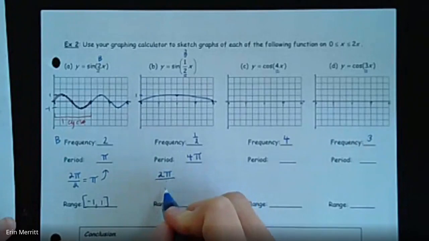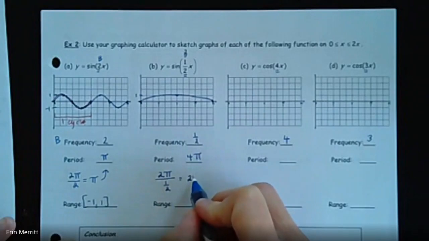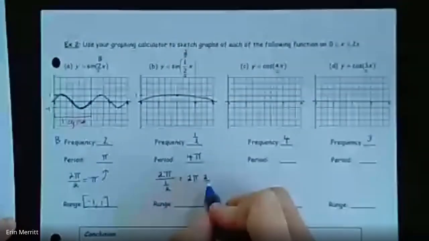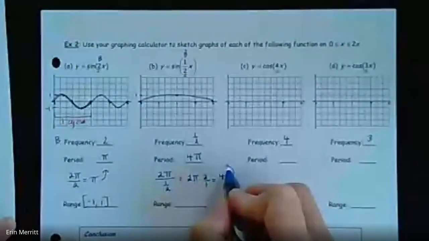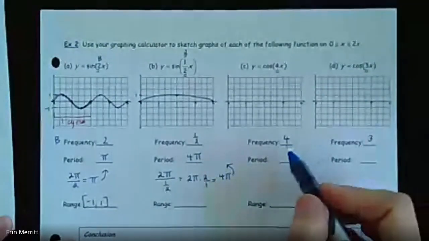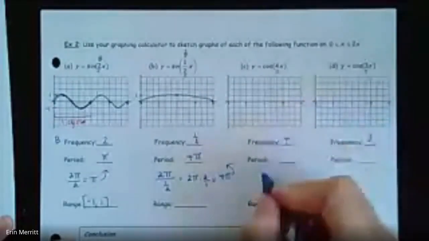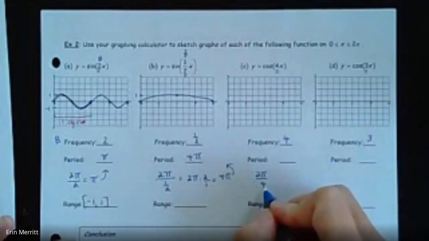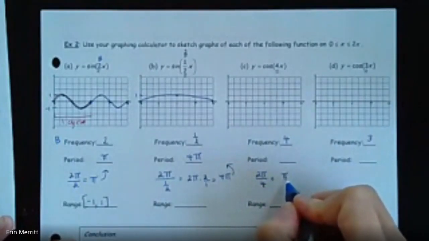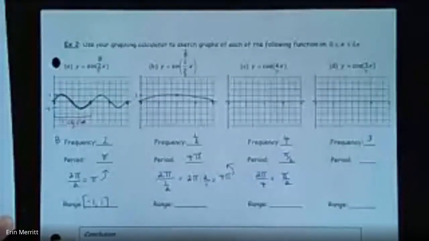If 2 pi is the length of a normal cycle, and we're only seeing half of it, if you divide by a half, anytime you divide by a fraction, it's the same as multiplying by the reciprocal, that would actually give me 4 pi. Right? So for this one, even though we didn't draw it out, if you can imagine seeing 4 little cycles going on here, 2 pi divided by 4, the length of just one would be pi over 2.